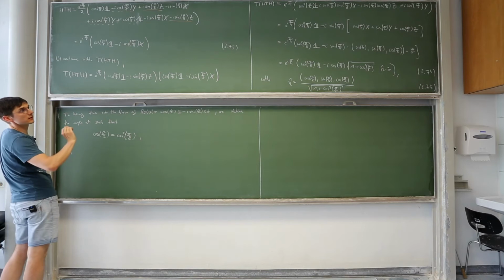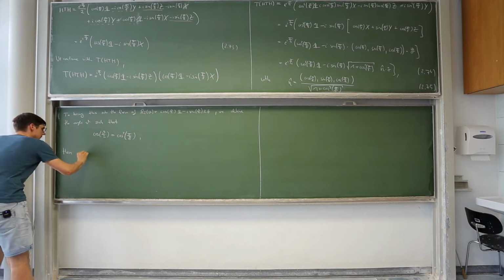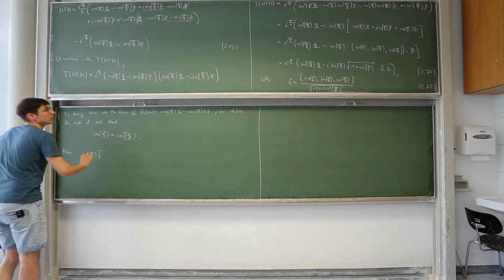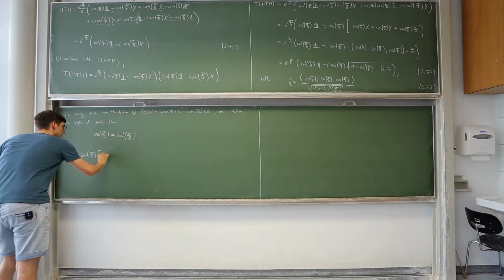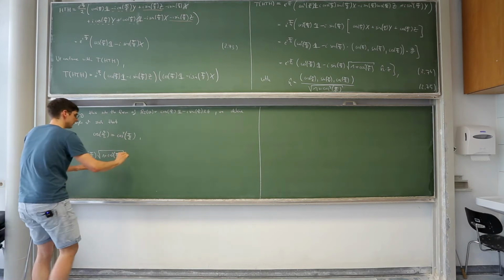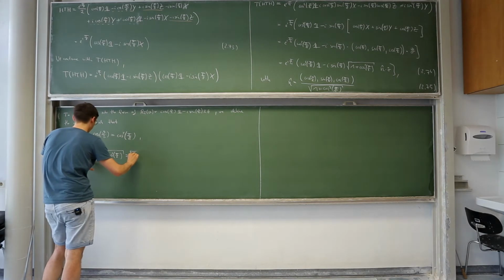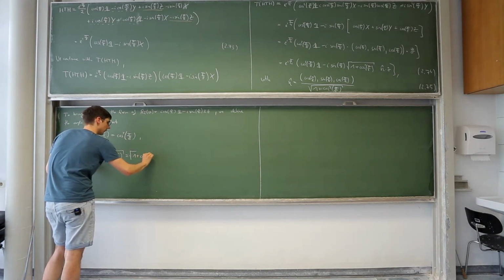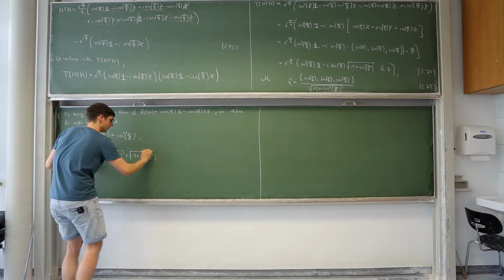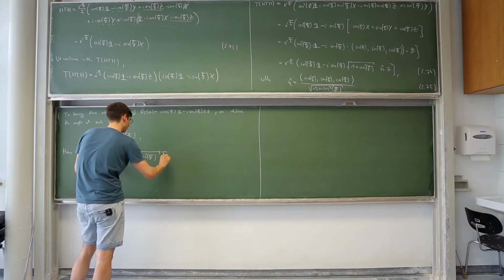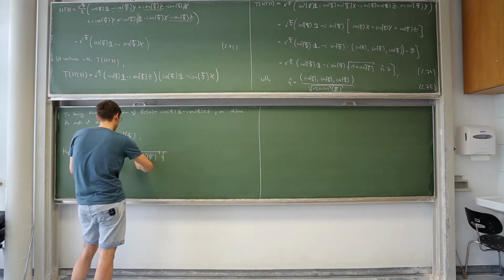Then we have here the term sinus of pi over 8 times the square root of 1 plus cosinus squared pi over 8, which gives us the square root of 1 plus cosinus squared pi over 8 times the square root of 1 minus.